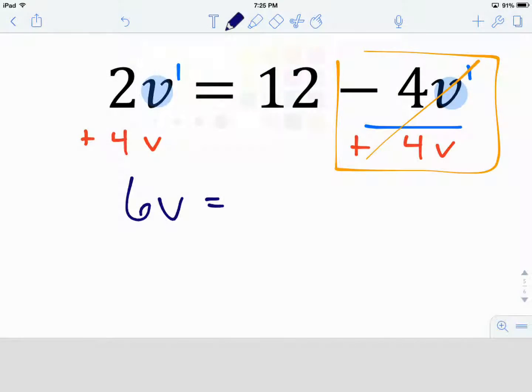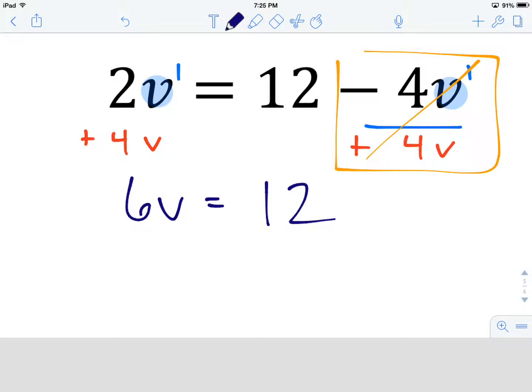I'm left on the right side of my equation with a 12. So what I've done is I've successfully combined two like terms on opposite sides of the equation by moving it using opposite operations onto the same side. For variables, that's the left side where we want to get those. So now we have 6v equals 12.